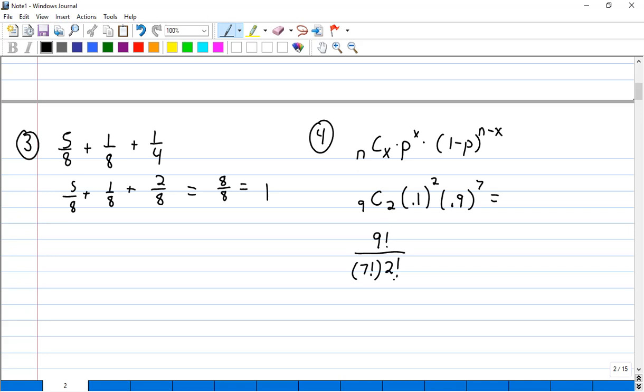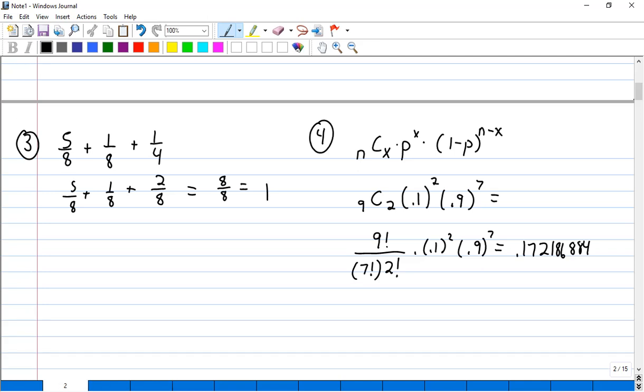And so you work that part out, and then multiply that times 0.1 squared, and then multiply that times 0.9 to the 7th. And you should get 0.1721868884.